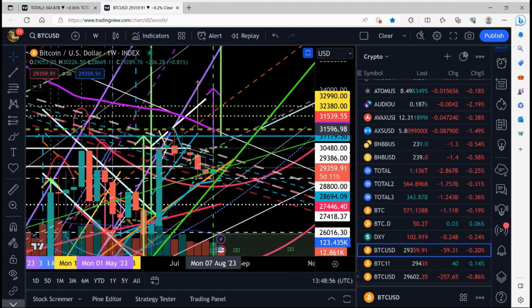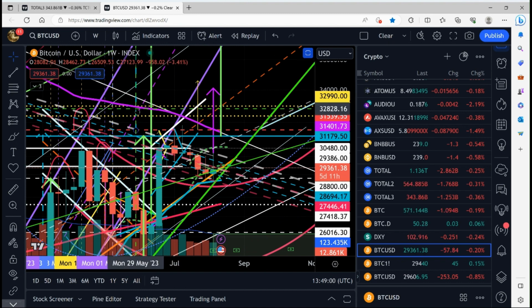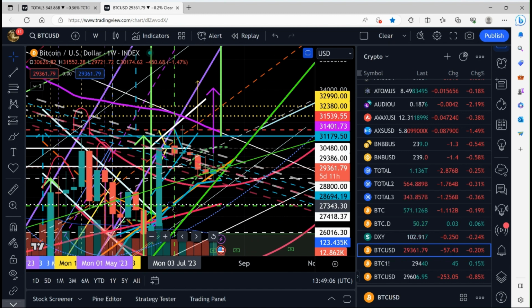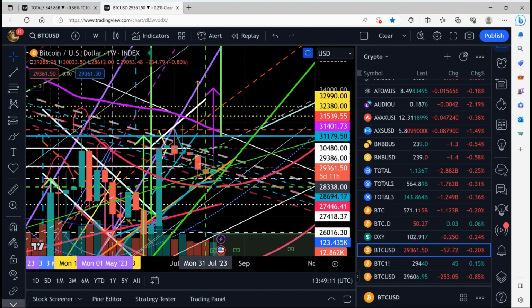The 100 here is in this lavender color, and the 20 weekly is here in the aqua, greenish color.